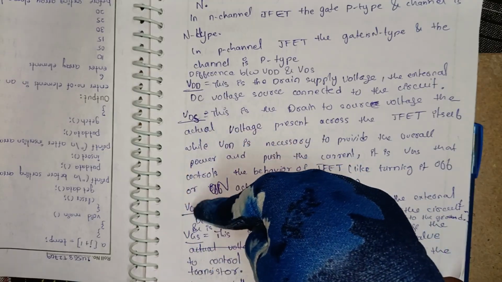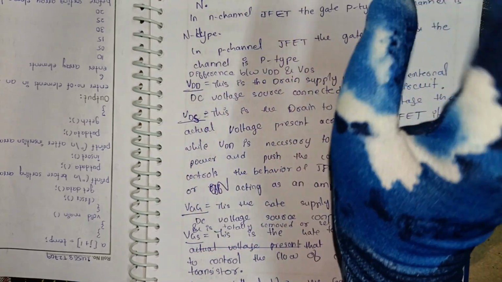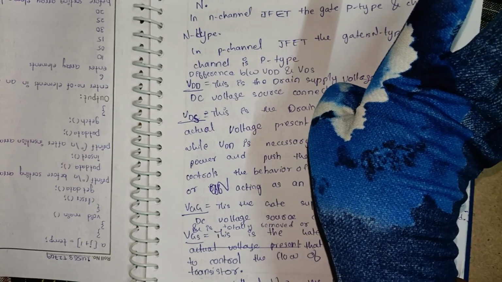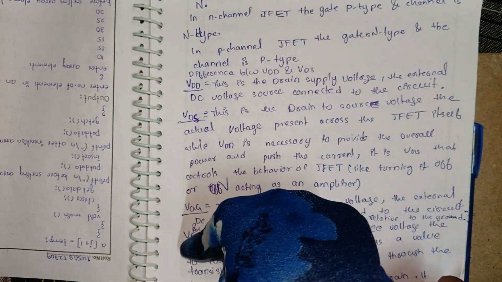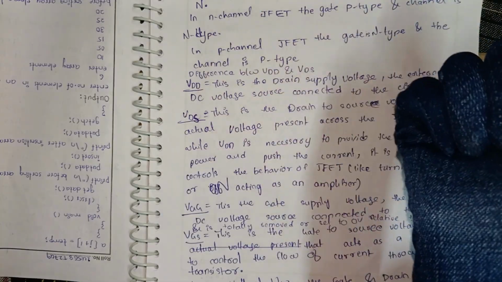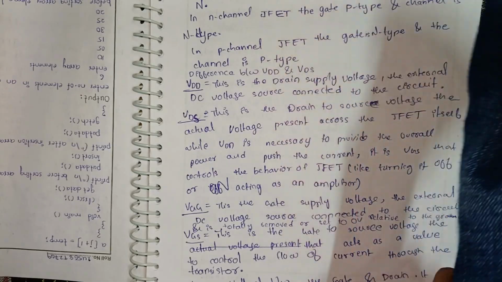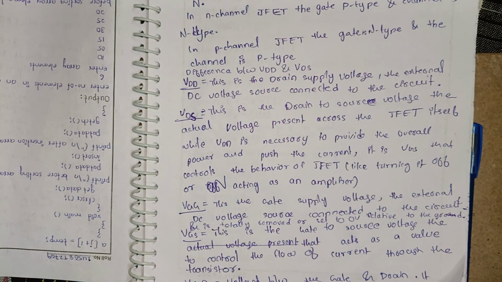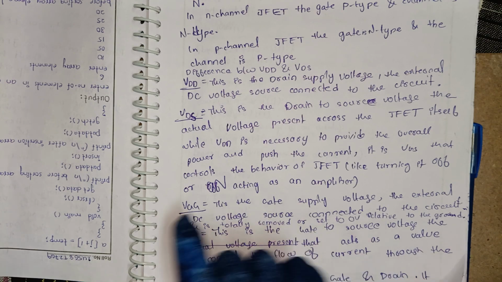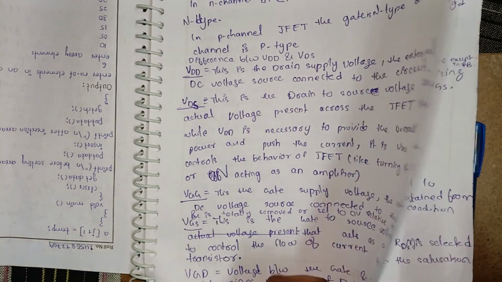VDD and VGG are present only in the biasing diagrams. VDS, VGS, and the other one, VGD, are present in both diagrams, the normal JFET diagram and the biasing diagram. And VGG is the gate supply voltage.